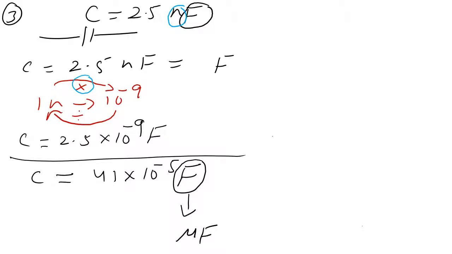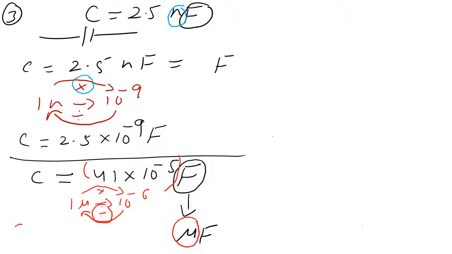So here it is a reverse. For this case we know 1 micro is 10 to the power minus 6, and if you are changing from micro to number, you have to multiply. If you have the number already and you are going to change to micro, you have to divide. Here we already have the number, and we want to change to micro, so we will follow the division.